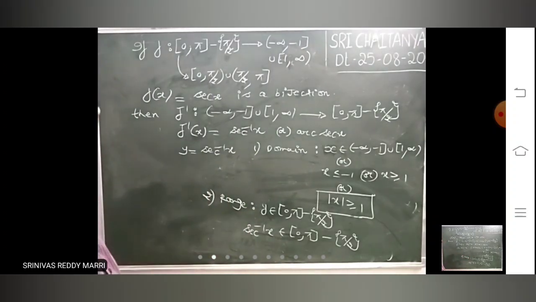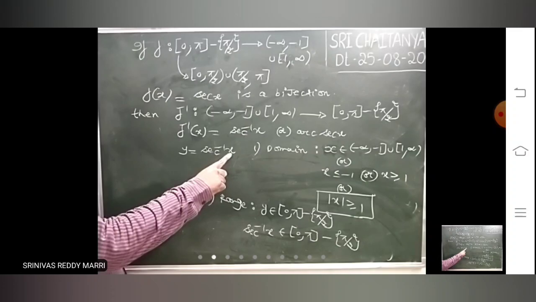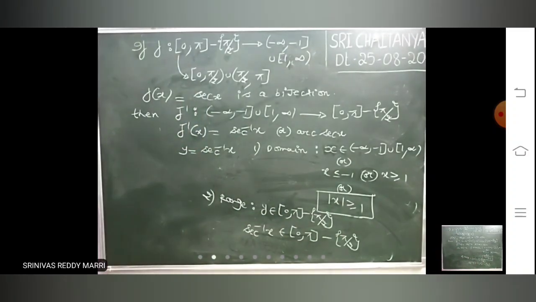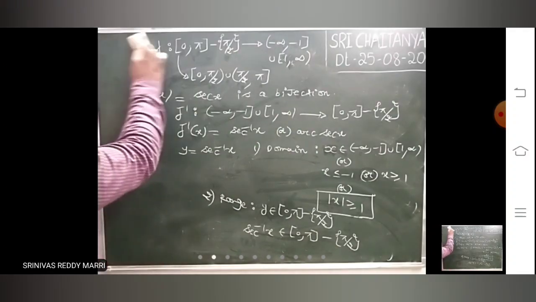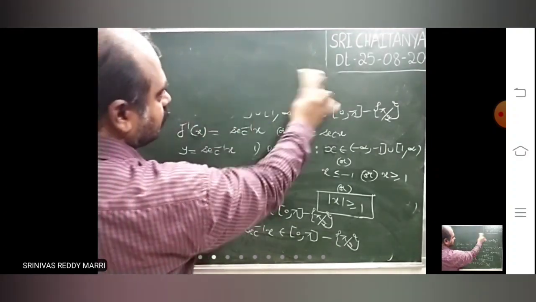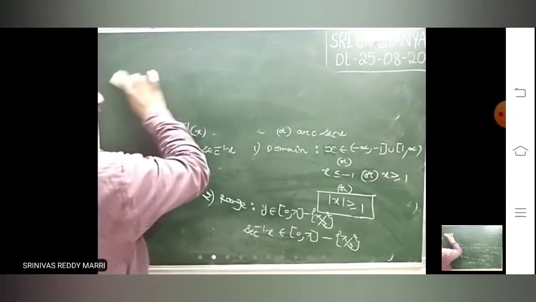So this is secant inverse x. This is the secant inverse x definition. While calculating the domain, you write this: inside, modulus x greater than or equal to 1. Look at next.